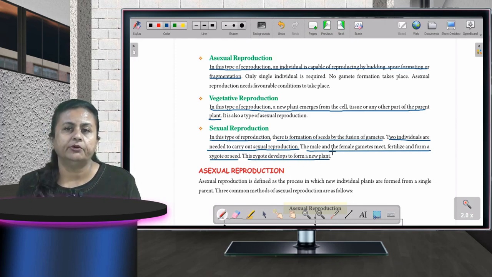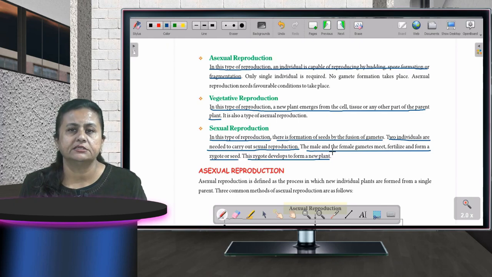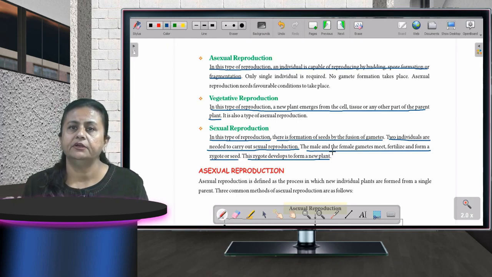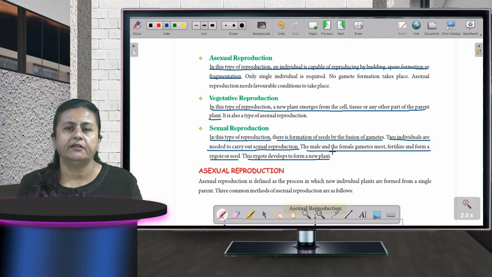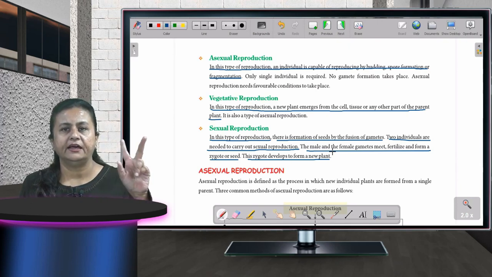I told you about asexual, only one single parent is required. In vegetative reproduction, from the vegetative parts, that is the leaf, the branch, the stem, we can have the plant growth. But in sexual reproduction, two parents are required. One is male and the other one is female.